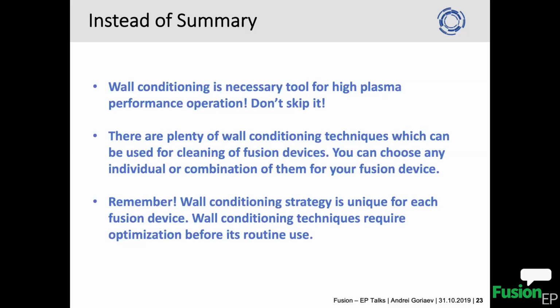As we saw, for instance, for W7-X, different wall conditioning techniques should be applied at certain times with different frequency and certain parameters. Before you start to use wall conditioning techniques as a routine technical procedure without any physics behind it, you have to find the strategy and optimize all these things, because wall conditioning can also take a lot of time, and the operation time on big devices like JET, W7-X and ITER is limited.